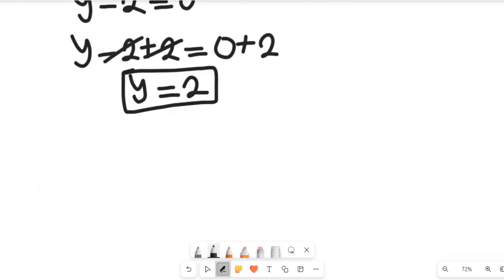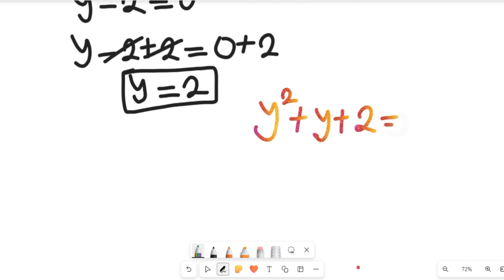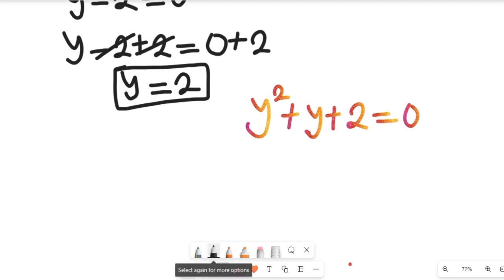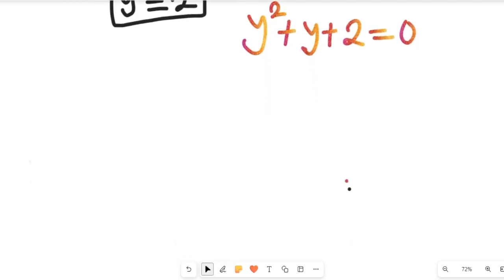From the quadratic equation, we are given that y squared plus y plus 2 is equal to 0, right? From that expression, yes. So we're going to solve this. And to solve this, let's first of all find the discriminant.